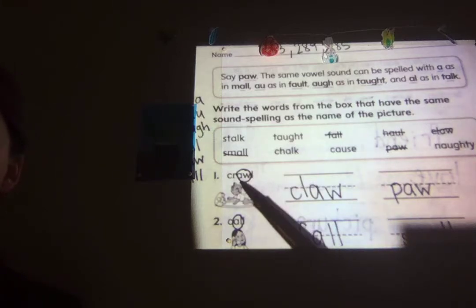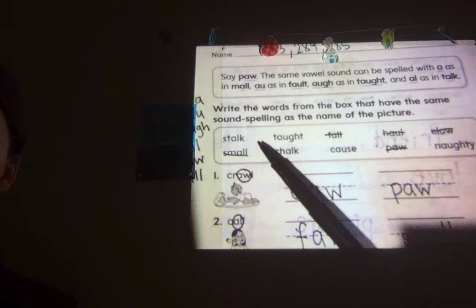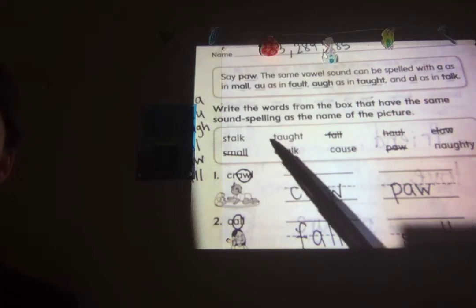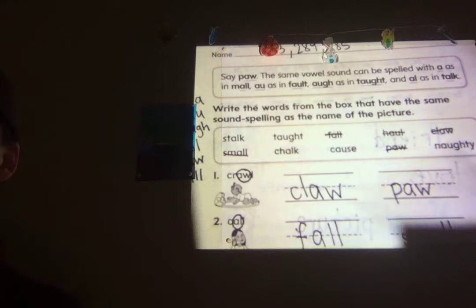Crawl uses A-W to make that aw sound. So what we're going to do is look in our box for other A-W words. I found claw and paw. If you agree with me, go ahead and copy that down.